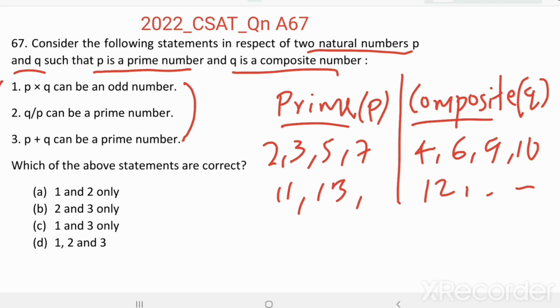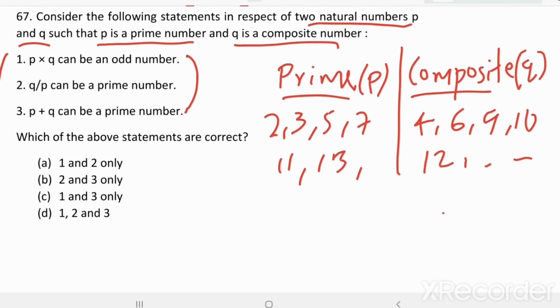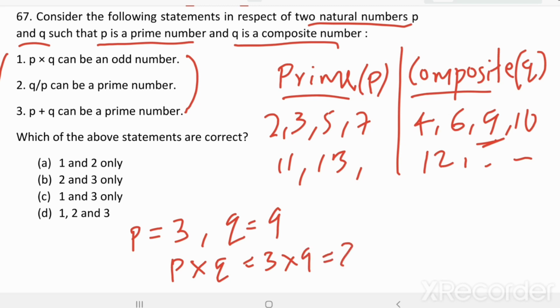Then let us see, p into q can be an odd number. Suppose p equals 3, it is a prime number. q equals 9, it is a composite number. Then p into q equals 3 into 9 equals 27. It is an odd number. So p into q can be an odd number, which is correct.